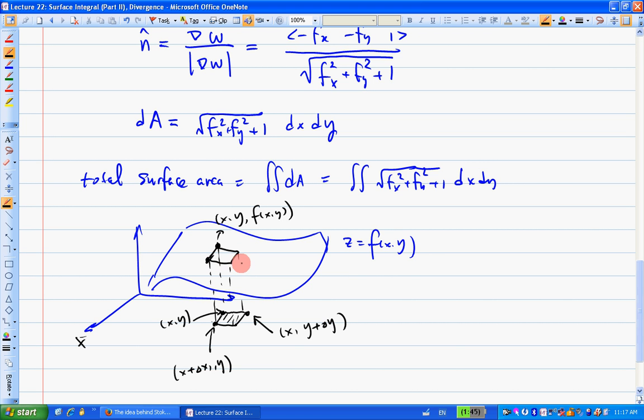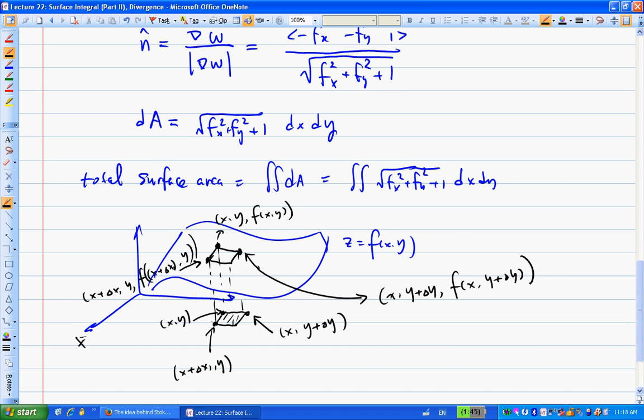Similarly, you can get the coordinates for this point and this point. The coordinates for this point will be (x plus delta x, y, f(x plus delta x, y)), plugging x plus delta x and y into this surface, and you get the z component right here. And this side here is going to be (x, y plus delta y, f(x, y plus delta y)).